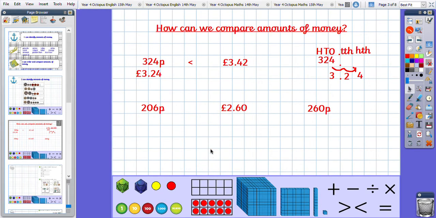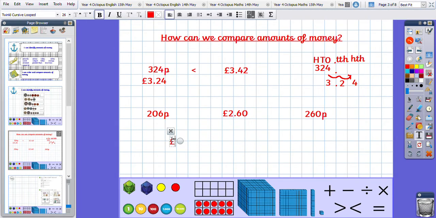So again, I know that if 100 pence is £1, then 200 pence would be £2, and I have 6 pence left over. So using pounds and pence, 206 pence is £2.06. Obviously £2.60 is already in the correct unit of measure, so let's convert 260 pence.